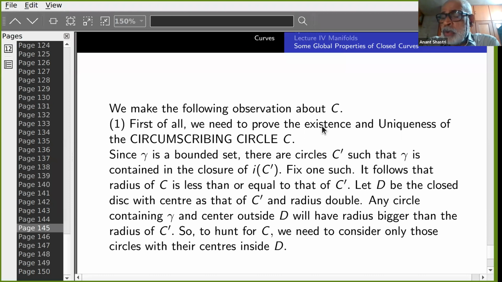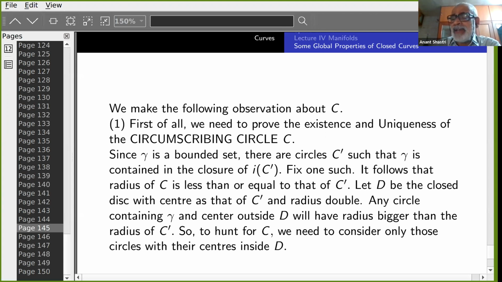Therefore, you don't have to worry about any circle with radius bigger than the radius of C prime. That is the first observation. You start with one circle, then you can take only those which are smaller than that, if at all. All right. So let D be the closed disk with center as C prime and radius double of that.